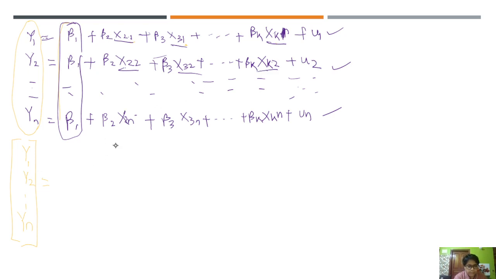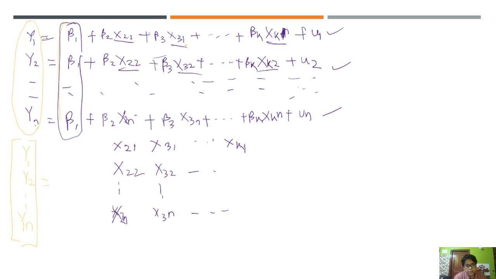Let me put that. So x21, x31, and it will go till xk1. So k is the number of variables, and n is the number of observations. Remember that. So this one is x22, and it goes till x2n. Similarly, this is x32, and this will go till x3n.